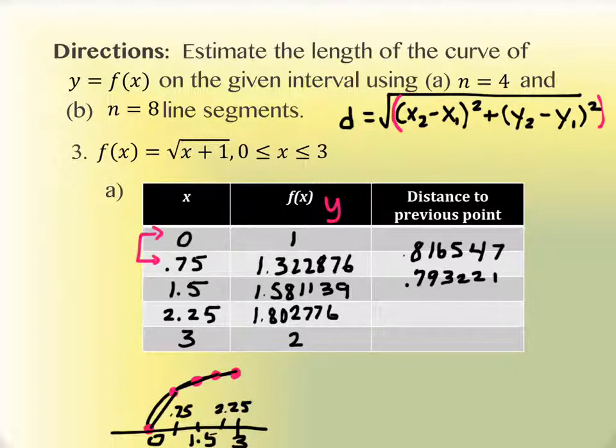One of the y values is going to be the same, the one that's 1.58 and so on. So all I'm going to do is change the 1.31, and that's going to become 1.802776. And hit enter. So this is 0.782063.